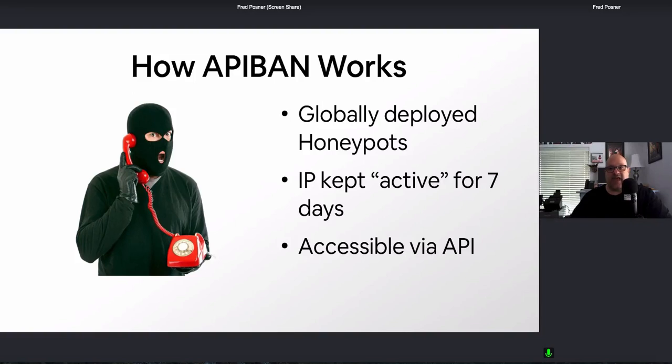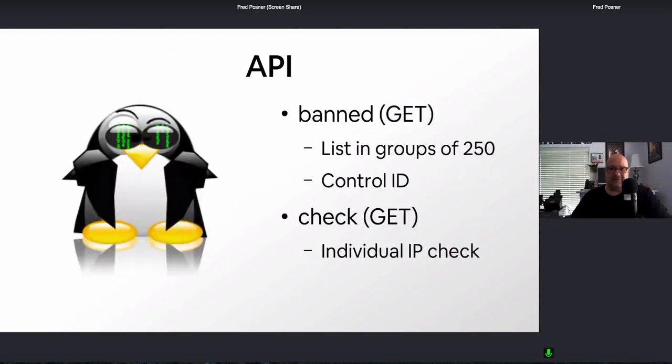Then all of the active IPs are returned via an API call. The API calls are very, very simple. The two main ones that we would use to block IPs are just GET functions. We would use banned, which brings groups of 250 IP addresses at a time, and it returns the IP addresses and a control ID.